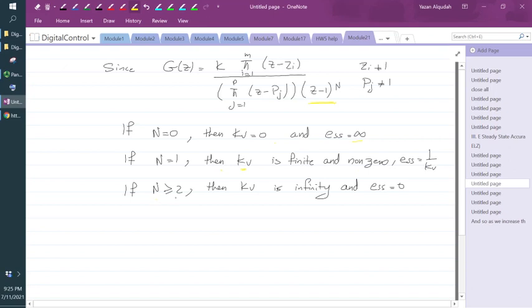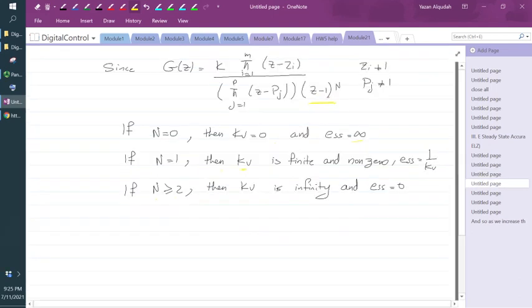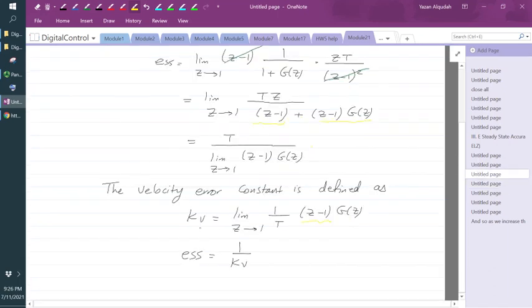If n is greater than or equal to 2, then I'm going to have z minus 1 squared in the denominator here. When this multiplies by z minus 1, it is going to cancel with one of the z minus 1 factors that is squared or higher. I'm going to still have z minus 1 in the denominator. And when I substitute z equal to 1, I'm going to get Kv equal to infinity, because z minus 1 is cancelled and it is going to equal g of 1.